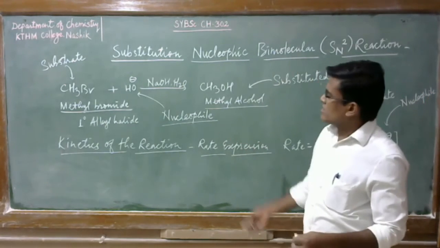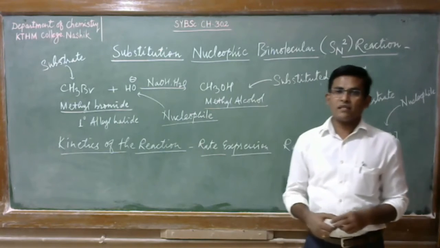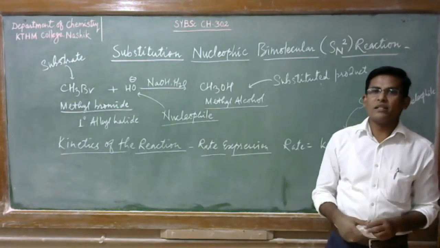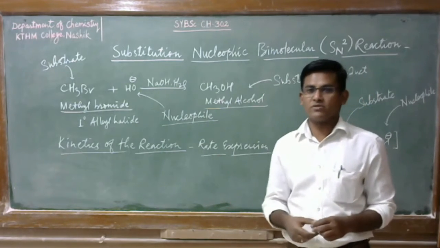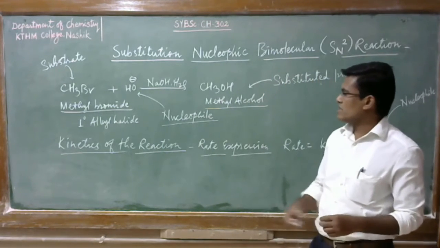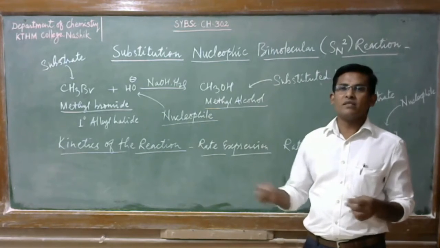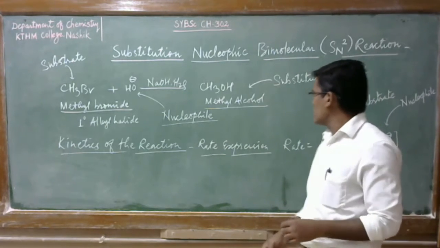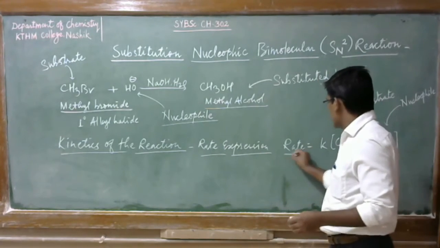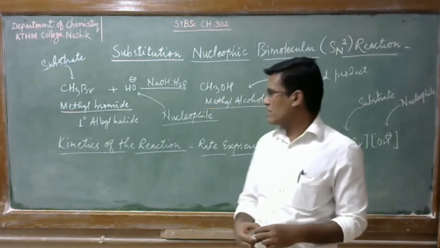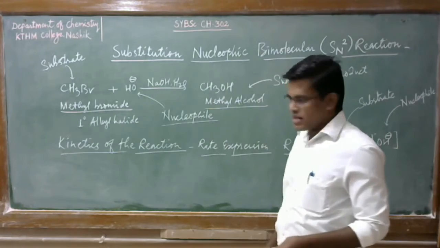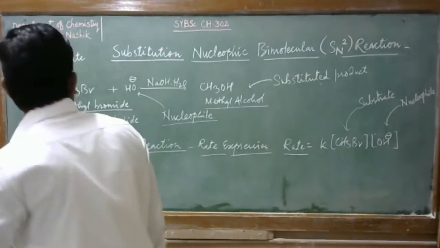As the concentration of both the reactants increases, collision will also increase, which results in an increase in the rate of the reaction. So the rate of this reaction depends on both the reactants. Let us have its mechanism.